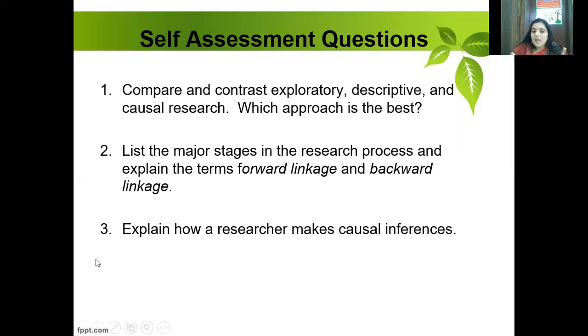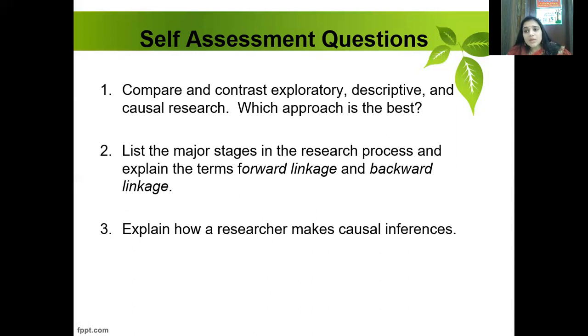Last is explain how a researcher makes causal inferences. How would you make causal inferences? Causal means some cause and effect relationships, and a causal inference can only be supported when some specific causal evidence exists. For example, you know that advertising is affecting sales.